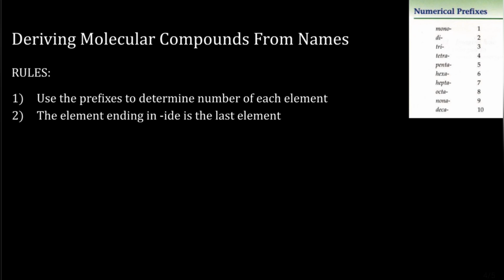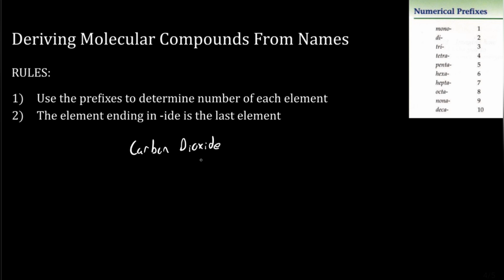Alright, so now let's work backwards and try to figure out how to write a chemical compound based off its name. And so there are only 2 major rules here. The first rule is that you use the prefix to determine the number of each element. And the second rule is that the element ending in IDE is the last element. So let's say we had carbon dioxide.